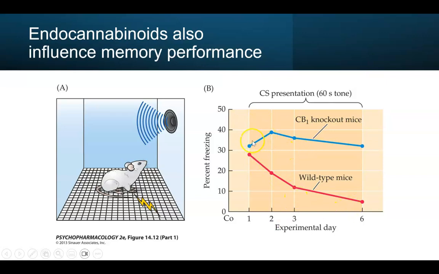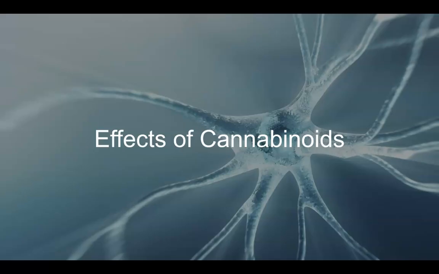Notice that when you lack the CB1 receptor, and thus you're not producing those endocannabinoids, you don't really get that extinction response. You still get a high rate of freezing even when the tone is presented on its own with no foot shock. So now let's talk about the effects of cannabinoids on human beings.